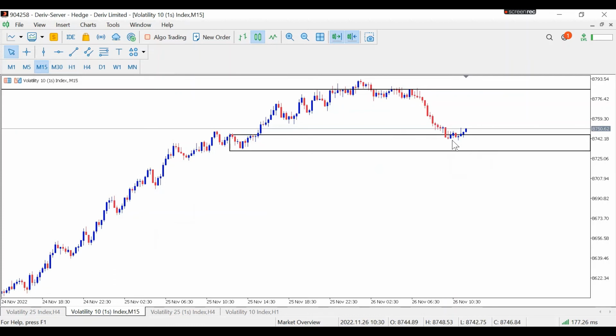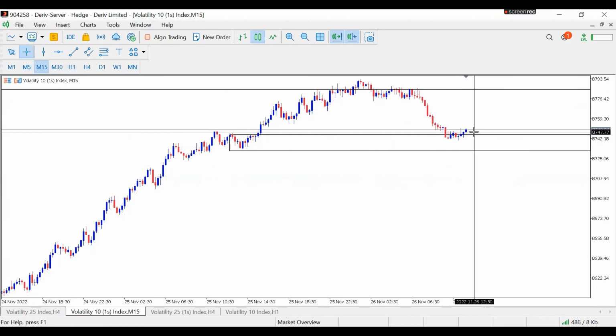On 15 minutes, you can see that there is some sort of a double bottom here. So if you're a scalper, you can flood in this market with your buy trades. You can buy from here, you can buy from here to here, just to be safe.